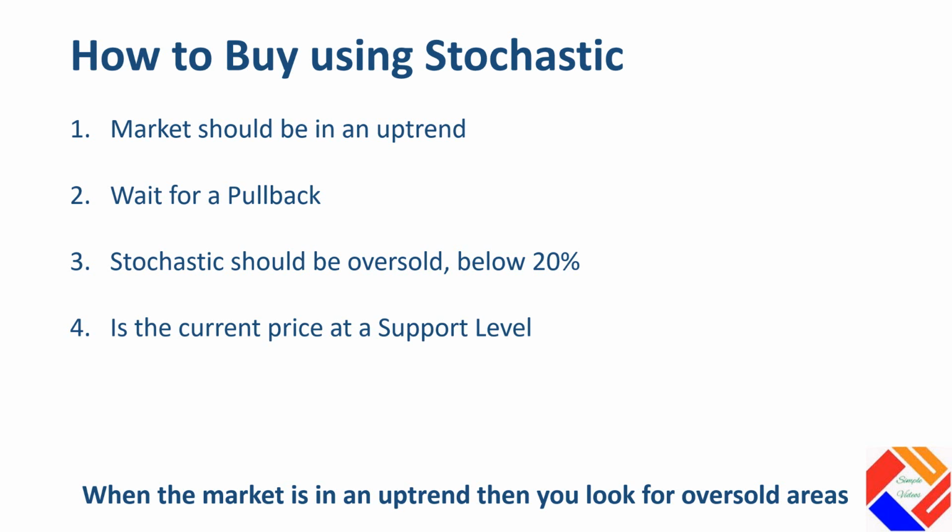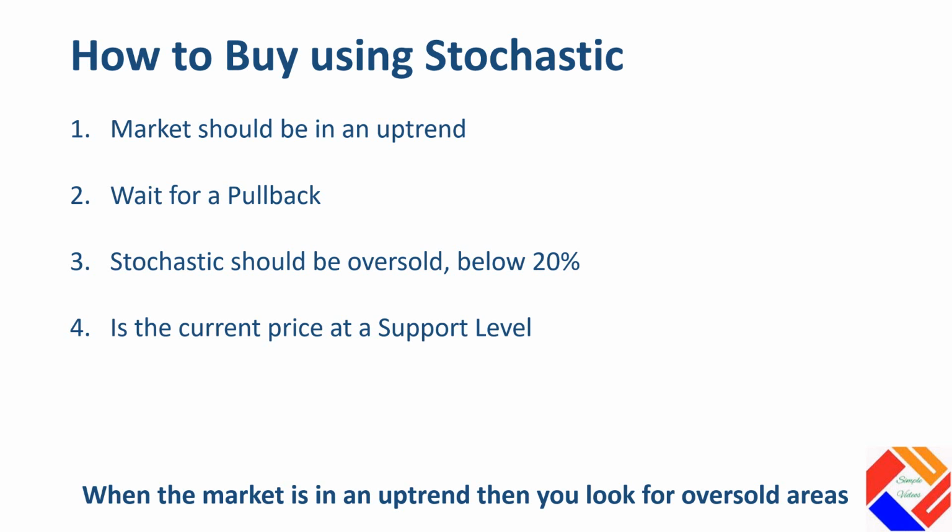And then you wait for a pullback and see when the stochastics is in an oversold position, or below 20%. And then check if at this point there is any support level. When the market is in an uptrend, you look for oversold areas.